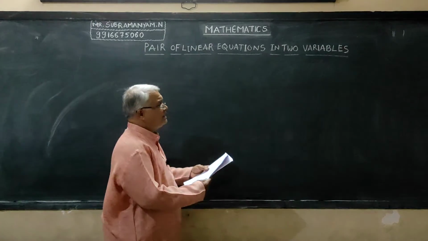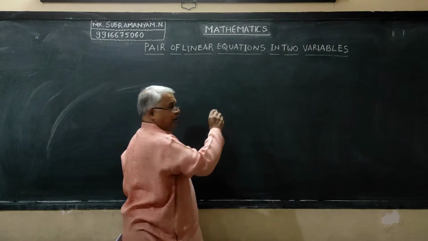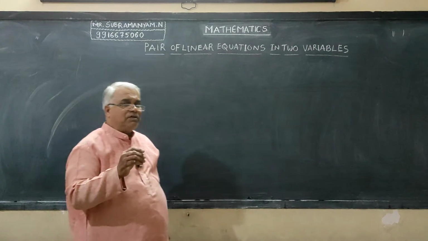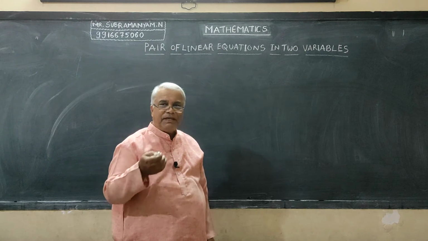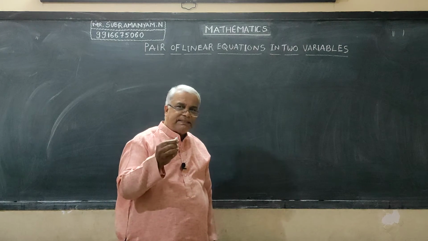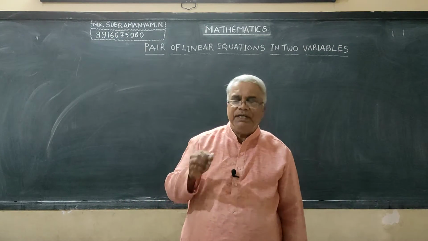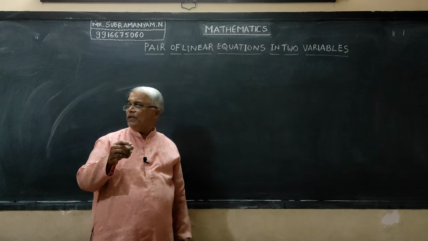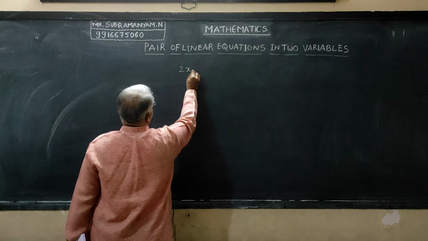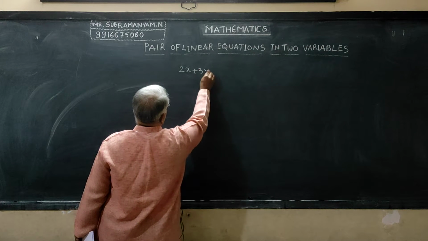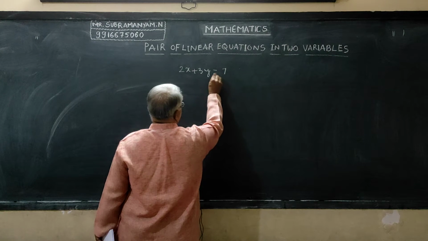First, let us understand what a linear equation is. We have studied linear equations in the previous class, 9th standard. We take an example and see why it is called a linear equation. The example is 2x plus 3y equal to 7.